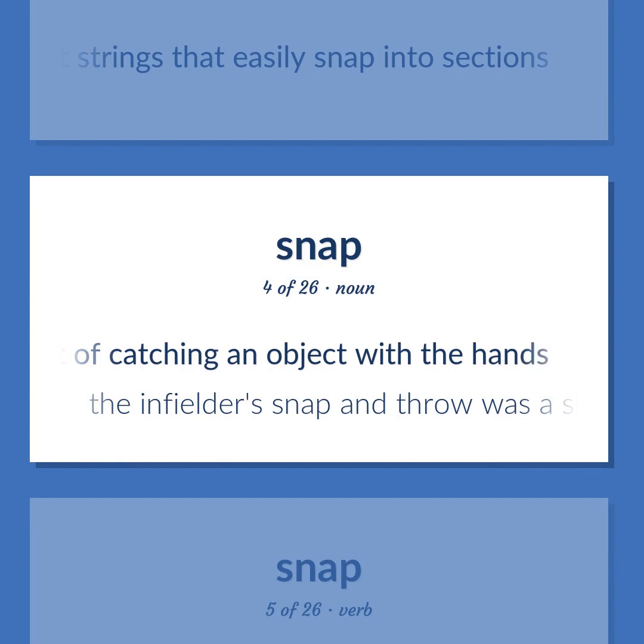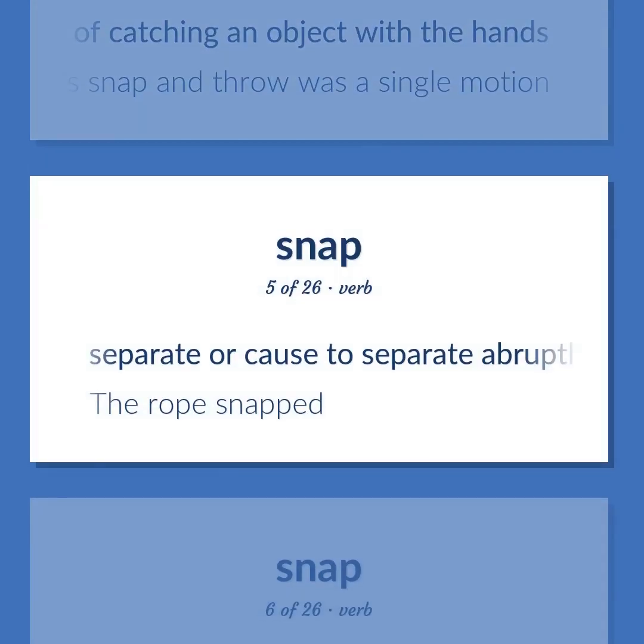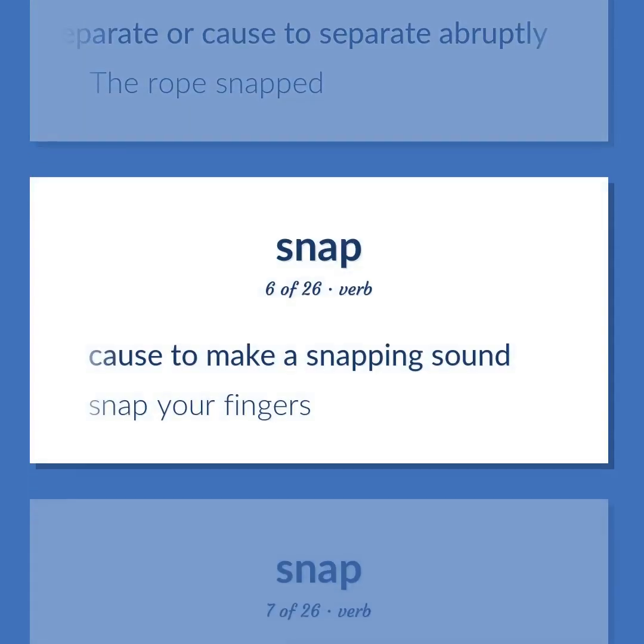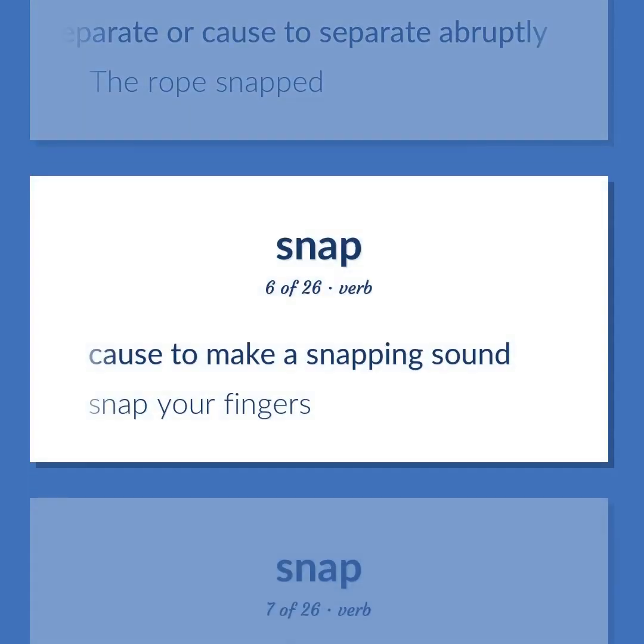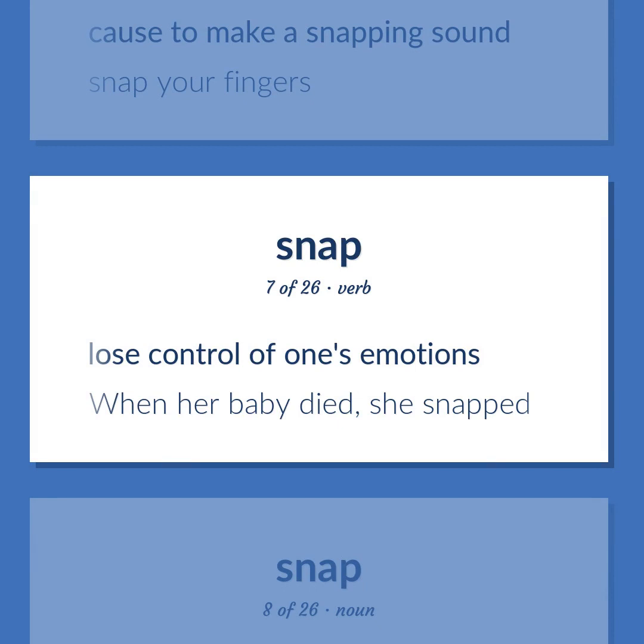The infielder's snap and throw was a single motion. Separate or caused to separate abruptly. The rope snapped. Cause to make a snapping sound. Snap your fingers. Lose control of one's emotions. When her baby died, she snapped.